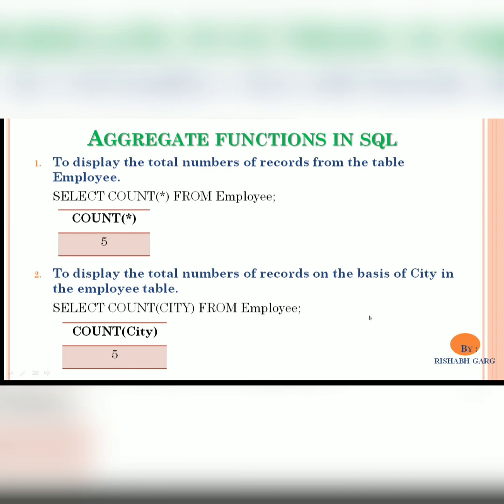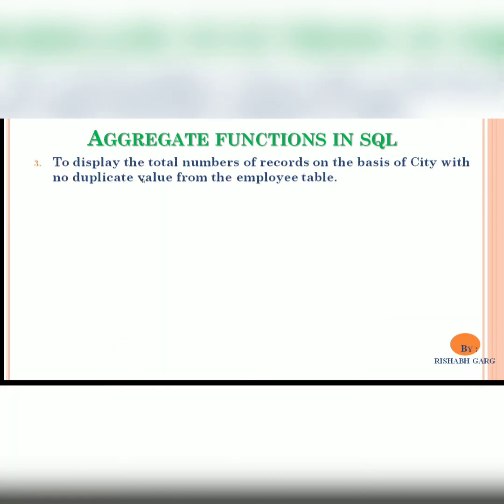Let's understand one more query, that is to display the total numbers of records on the basis of city with no duplicate value from the employee table. For this, we will execute the following command. First, we will write the select statement. After that, we will use the count function.